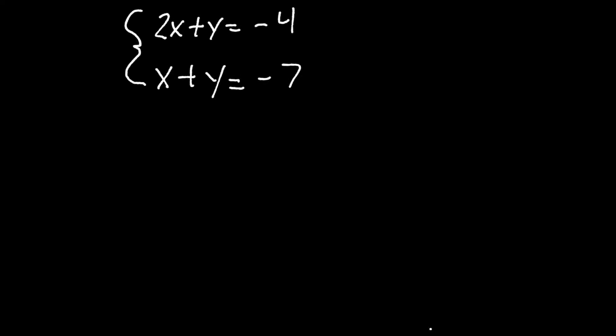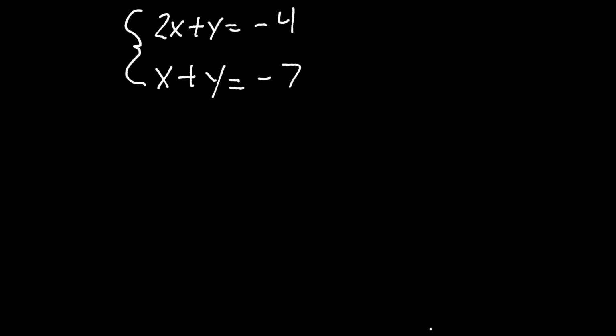What we're going to need to do, though, is solve one of the equations, whether it's the top or the bottom, for one of the variables. We could solve the top for y pretty easily, and we can solve the bottom for x or y pretty easily as well. It all depends on your preference.